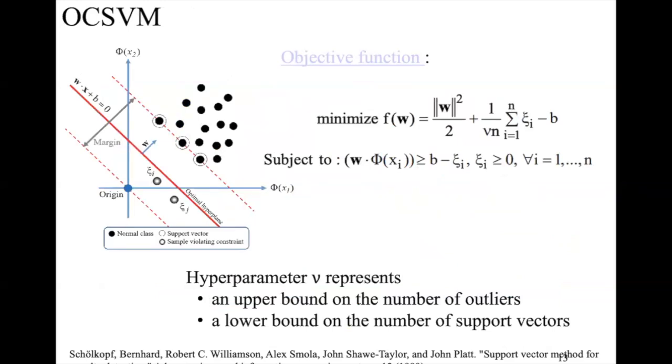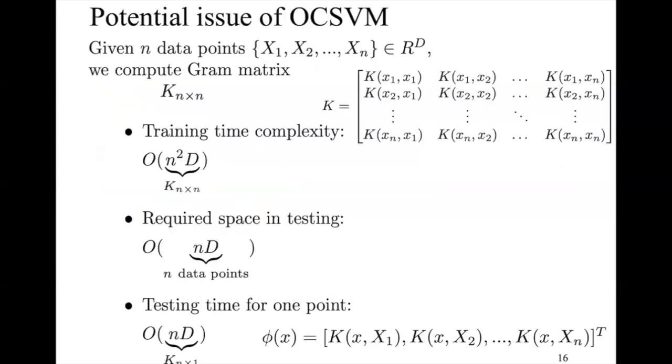So this is the objective function of the one-class SVM, and there's no big difference compared with the traditional one. Let's see the potential issue of the traditional OCSVM. Suppose we have n data points, x1 through xn, in R^d.